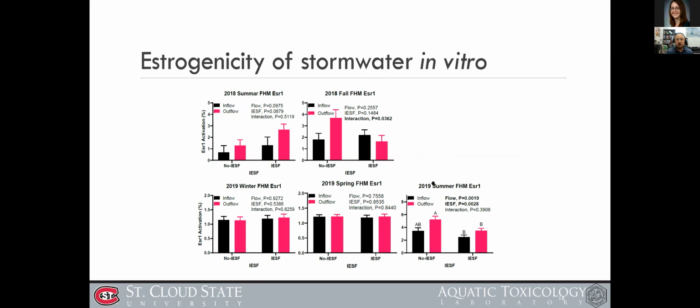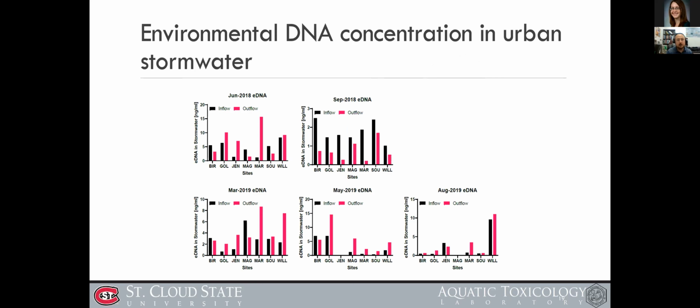In 2019 summer, the regular pond and the ion enhanced sand filter pond show a significant difference. An interesting thing is that in most cases, the outflow has more estrogenicity than the inflow. So something is going on in the stormwater treatment pond.